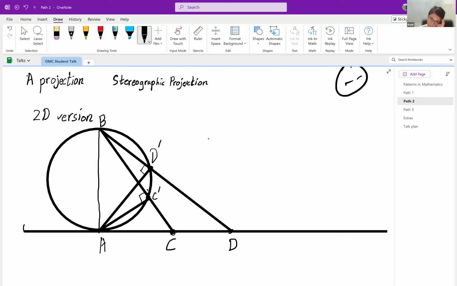We'll just say, what if C and D are the inverted versions of each other? Then we use, because this is a right angle and all of these are.